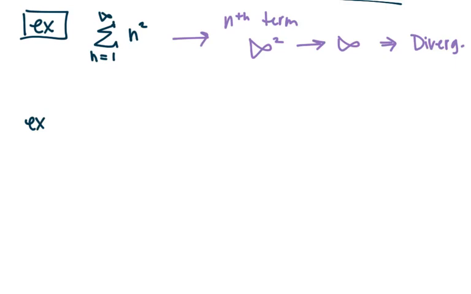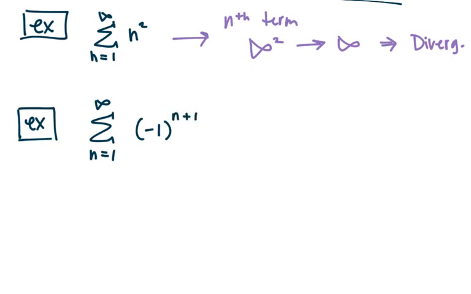Let's see. Another example using the nth term test to prove divergence: n equals 1 to infinity of negative 1 to the n plus 1. In this situation, when we look at the nth term, we're going to have negative 1 to the infinity plus 1, which is just negative 1 to a really large power.